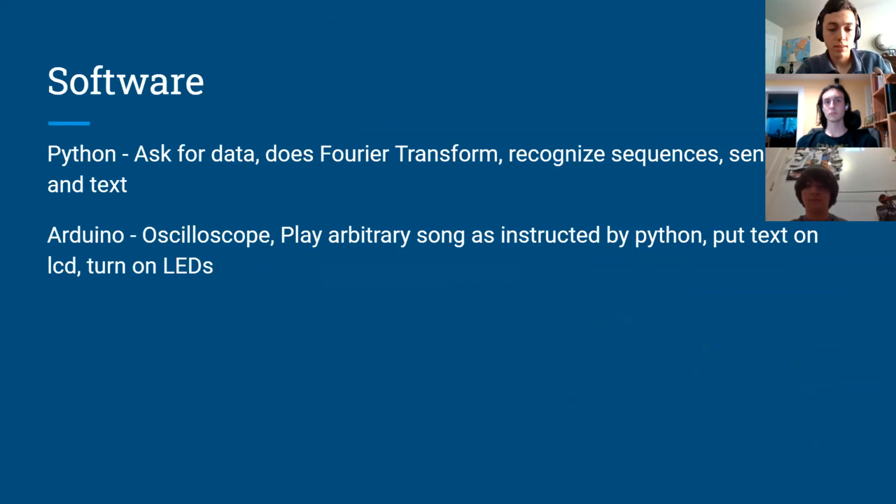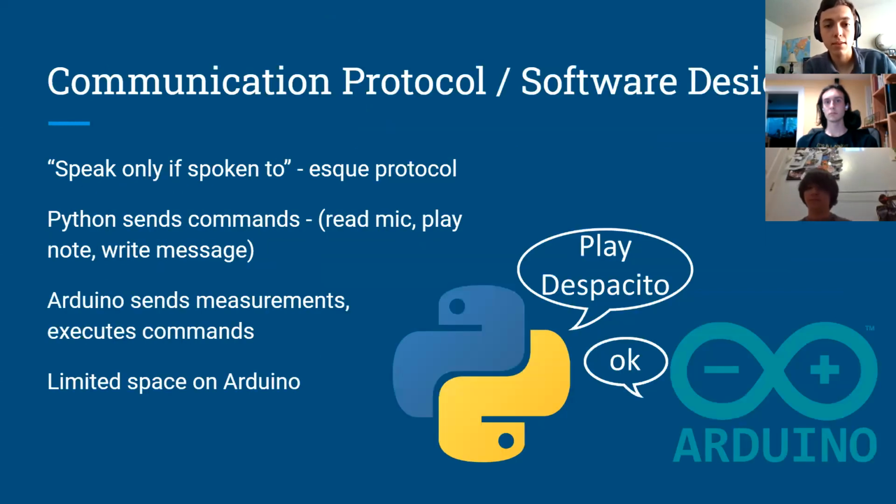But in order to make these two systems work together, we had to devise our own serial communication protocol to keep them synchronized. The system we devised used a speak only if spoken to type system, where the Python script would send commands to the Arduino via serial, such as read information from microphone, play a note, write a message, just things like that.